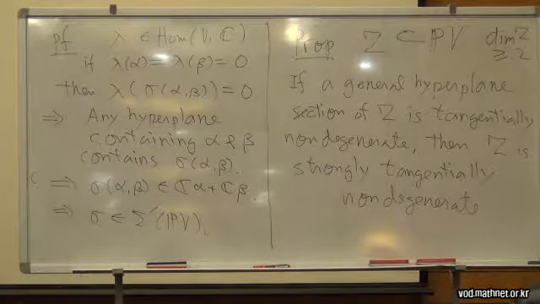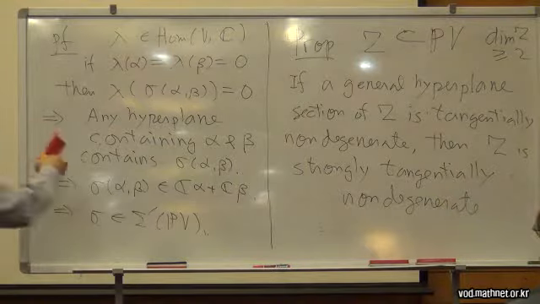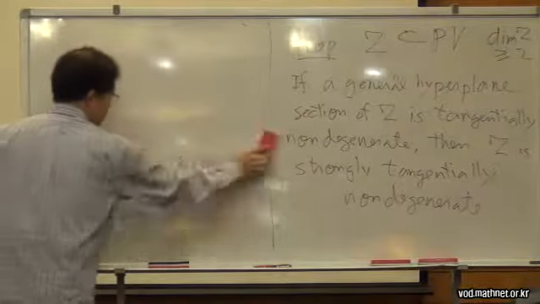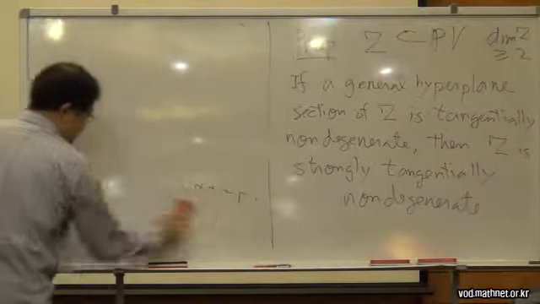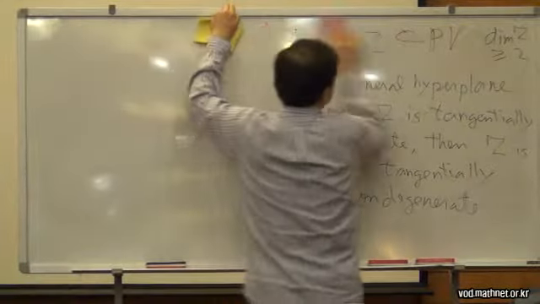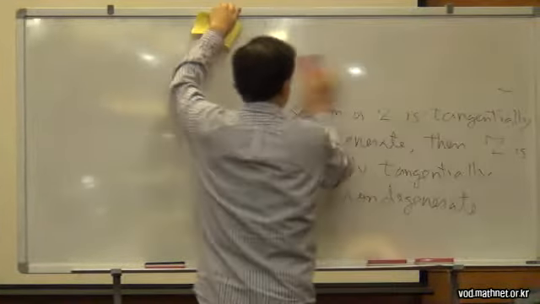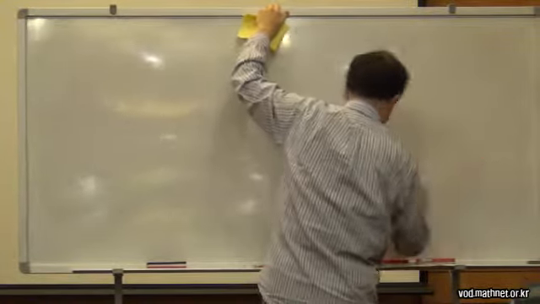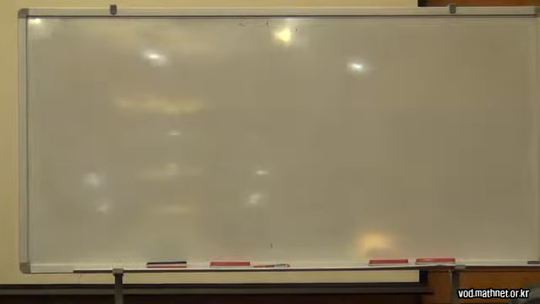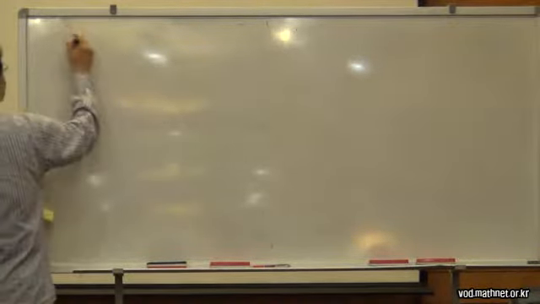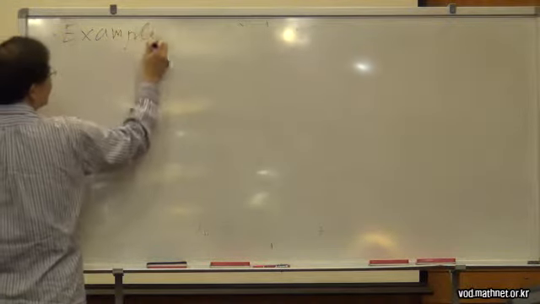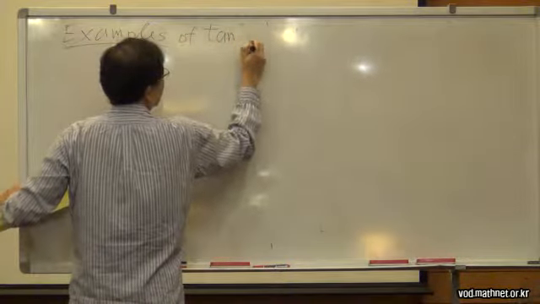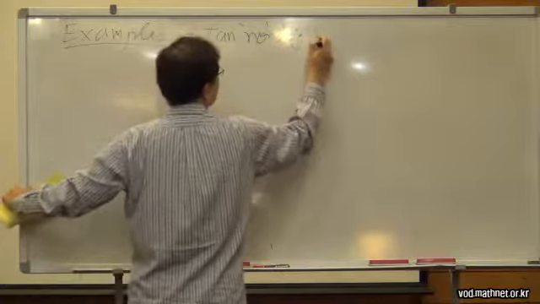So let me give you some examples of tangentially non-degenerate varieties. So this will be used in the second lecture.